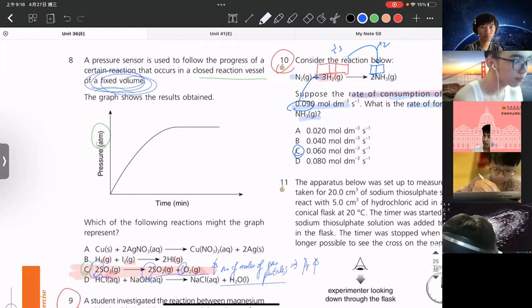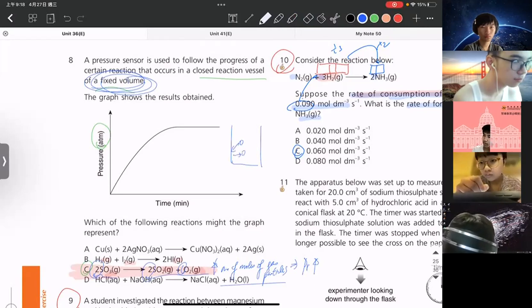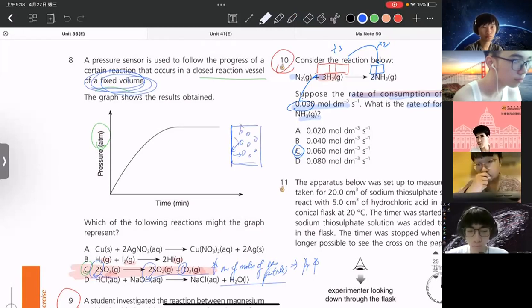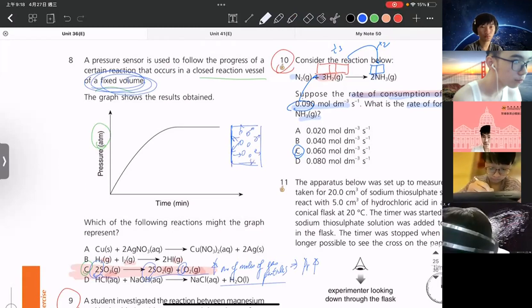So what is meant by gas pressure? Gas pressure is a measurement of the particles that hit on the wall of the container per unit area. So in case you have got a fixed container, but you have got more particles, what will happen? More particles will hit the wall of the container.